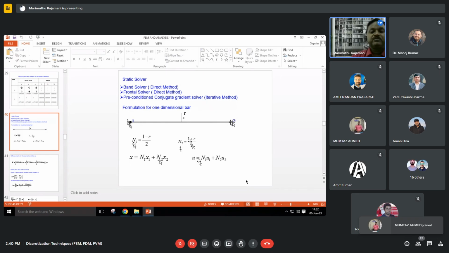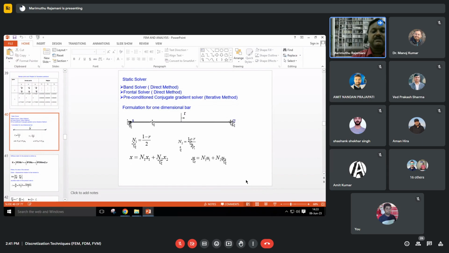So u equal to N1 u1 plus N2 u2, where u1 and u2 are nodal displacements. If you want to get the displacement at any point within the element, substitute at that point. r goes from minus 1 to 1, and anywhere in between. Here it is minus 1, here it is 1.